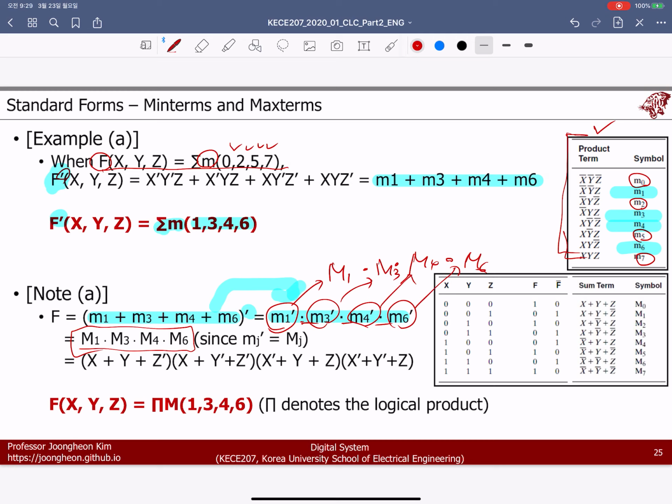After doing the complement, because you have the complement operator here, you are doing the AND operator multiplication with the max terms. That's why we have capital M here, and the indices are 1, 3, 4, 6, and then you are doing the multiplication. That's why you have this product notation here, not the sigma notation.